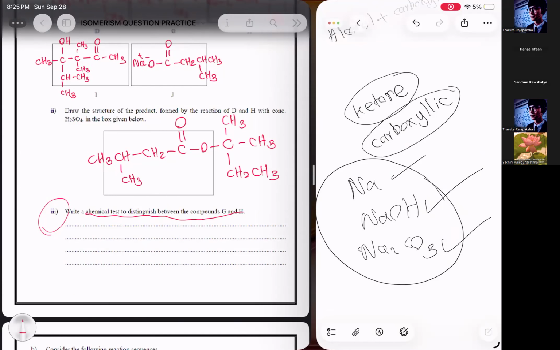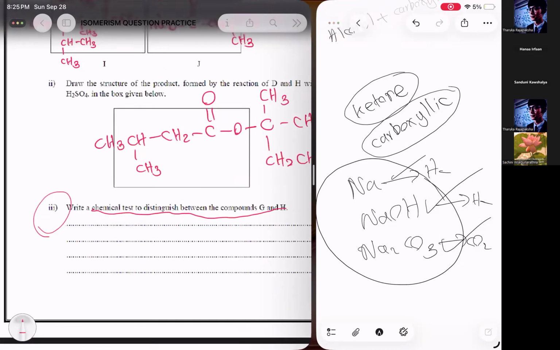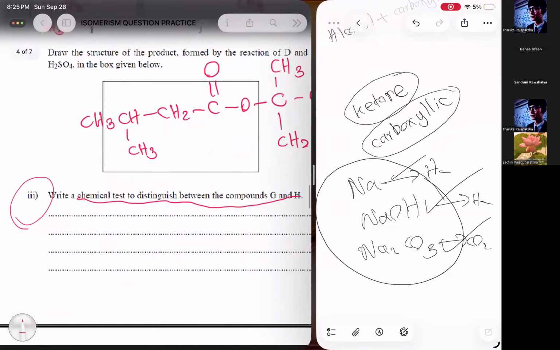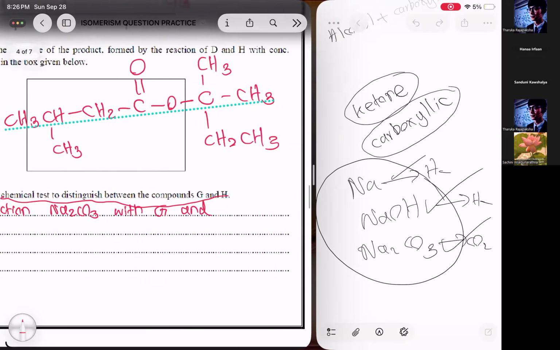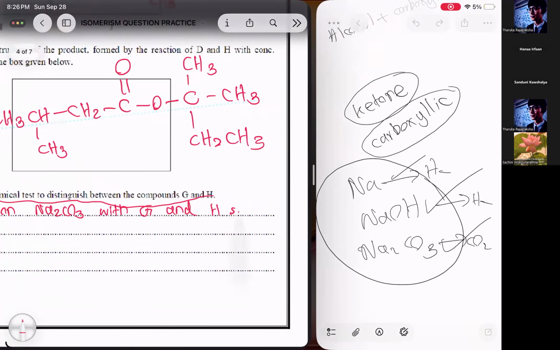So the observations differ. Here hydrogen evolving, here carbon dioxide evolving. So you can write the reaction of sodium carbonate with G and H separately.